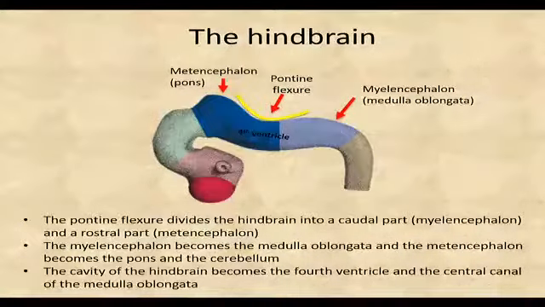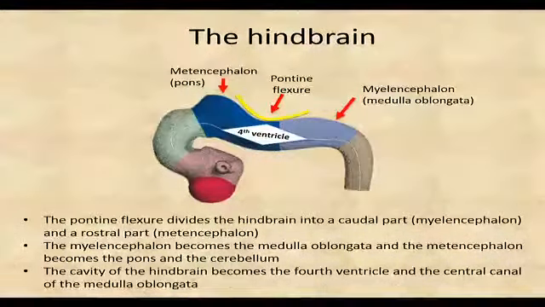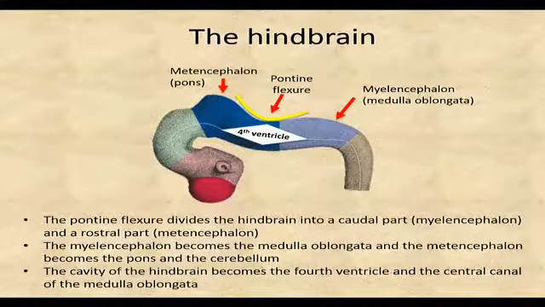So the fourth ventricle is the cavity inside some part of the medulla oblongata, and it's shaped somewhat in a 3D diamond shape. It is not actually expanded throughout the entire medulla oblongata. So you have two parts to the medulla oblongata that you can tell apart in a cross section.